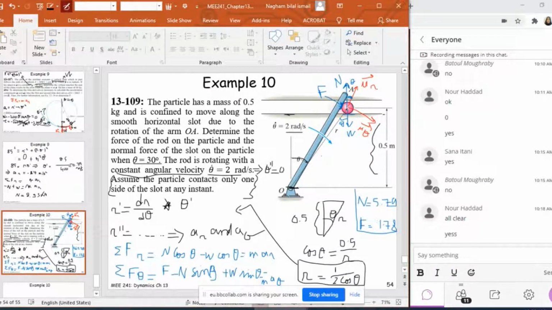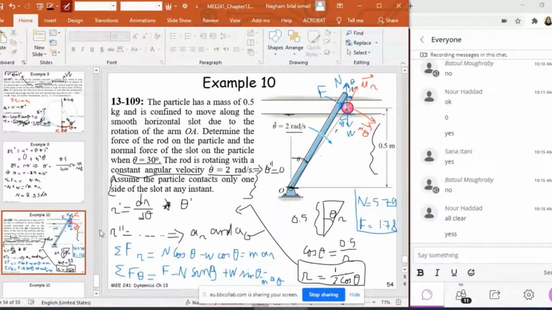Now, guys, if I want to go back to this sentence here, assume that the particle contacts only one side of the slope at any instance. As you can see, there is a clearance here. So this ball has no contact with the upward side of this horizontal slope. It has only this contact.